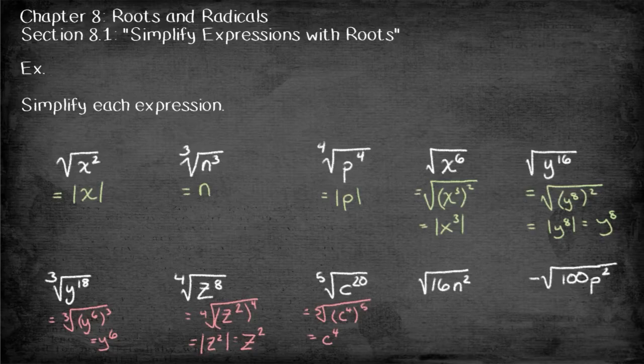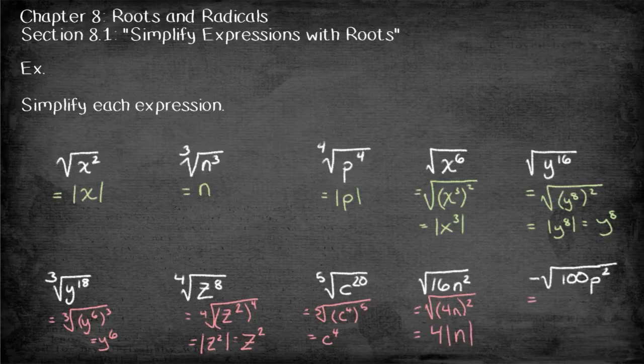Next up, we're taking the square root of 16n squared. And this expression inside the radical is a perfect square, right? If we square 4n, we get 16n squared. So I can simplify, however, I need an absolute value sign on my n, because it's a variable.